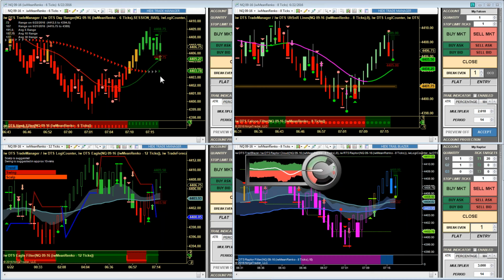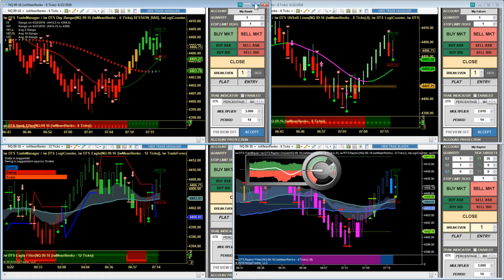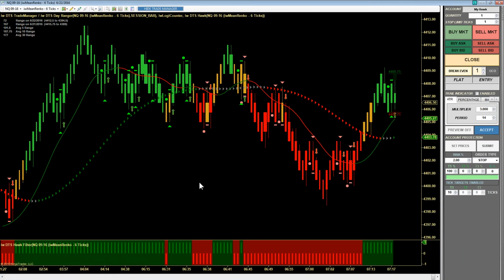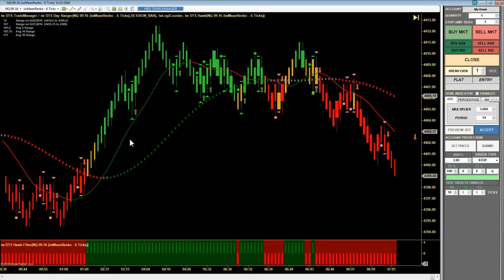The trading systems here, so you're looking at like the Hawk, it's not simply a moving average crossover system. I know that's what it looks like, but it's not. For each of these tools, there's about half a dozen algorithms running in the background, parameters that have to be met before you even get a warning dot.